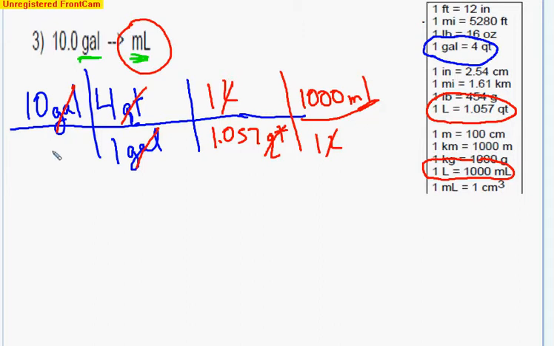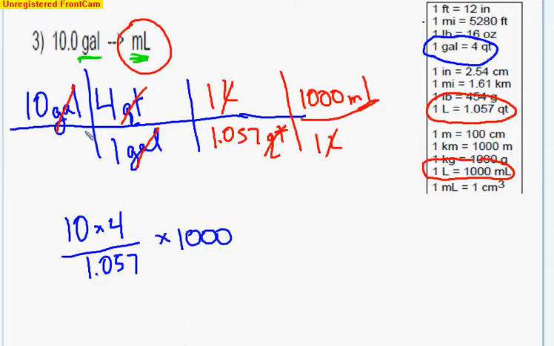So in my calculator, I would just simply take 10 times 4, divide that whole thing by the 1057, and then multiply the whole thing by 1,000. Or in actuality, you could just take the 10 times 4 times 1,000 and divide it by the guy that's on the bottom.